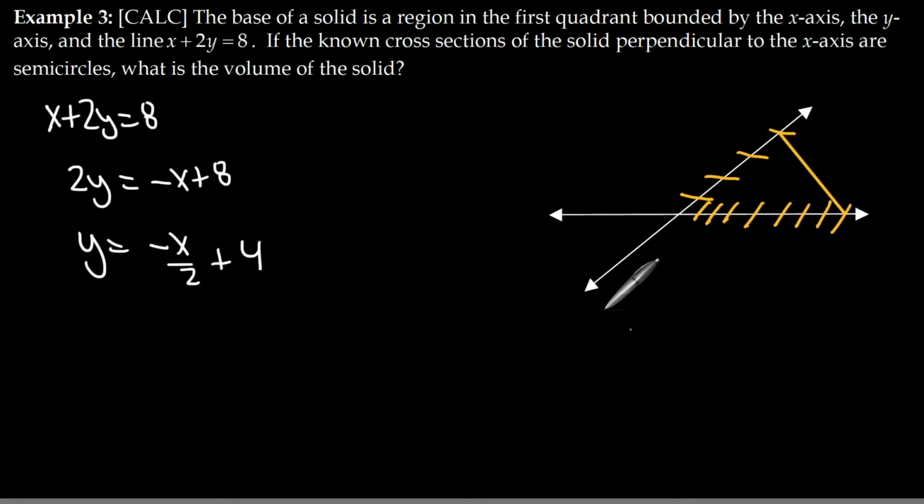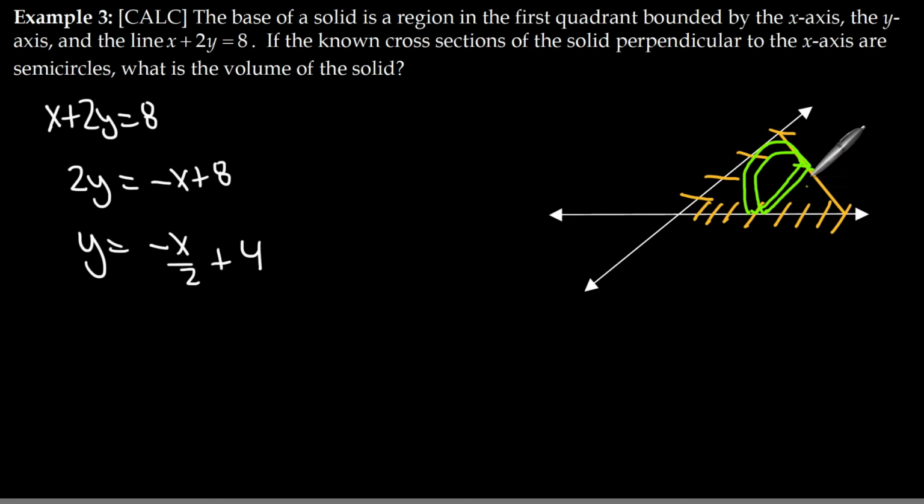Now, on top of that, it says we want to build cross sections that are perpendicular to the x-axis that are semicircles. All right, so now I'm going to draw a semicircle. Once again, I'm not the best at drawing these, but let's just see if I can do at least some sort of nice looking shape.